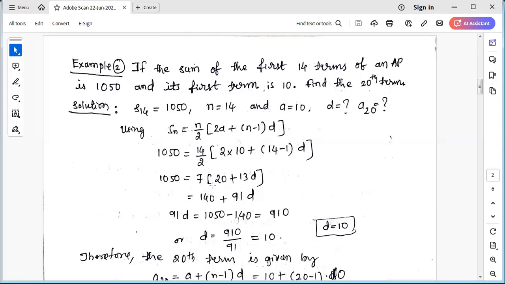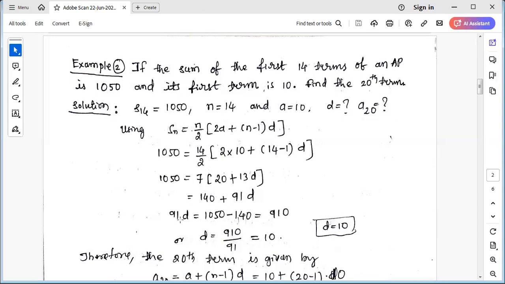Next, multiply this 7 to this bracket. 7 into 20 is 140, and 7 into 13 is 91, so it is 91d. Take this term to the other side, so it becomes 1050 minus 140, which is equal to 910.